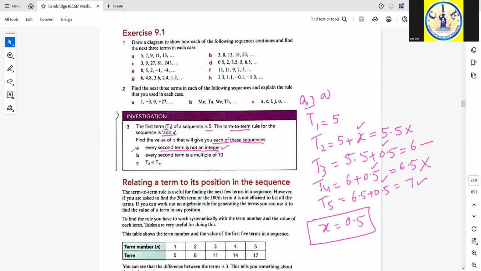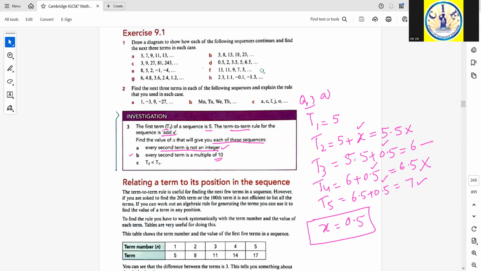Okay. Now for part B, every second term is a multiple of 10. Every second term is a multiple of 10. For example, what we need to do is the addition of half of 10. That means addition of 5.